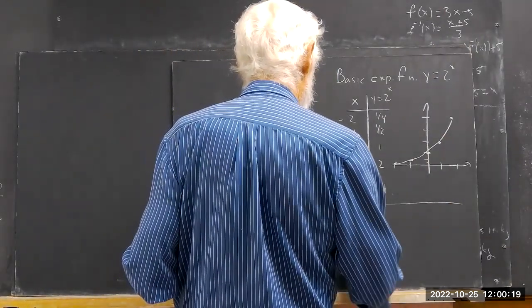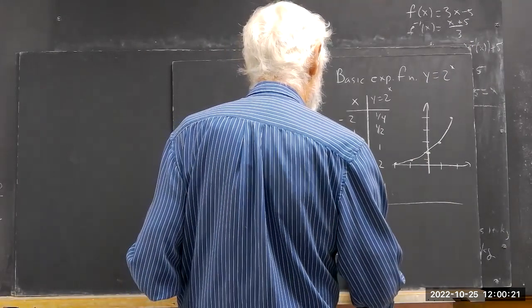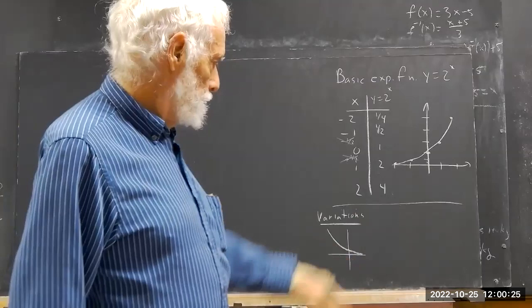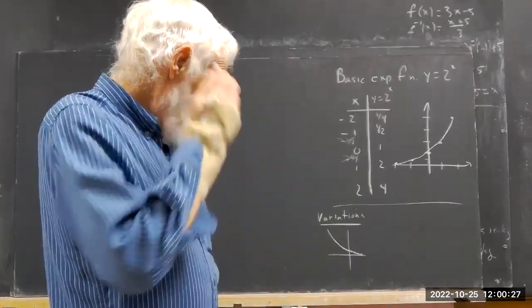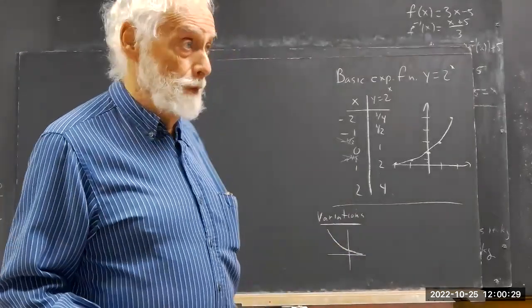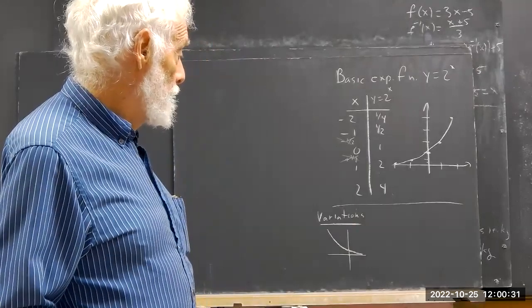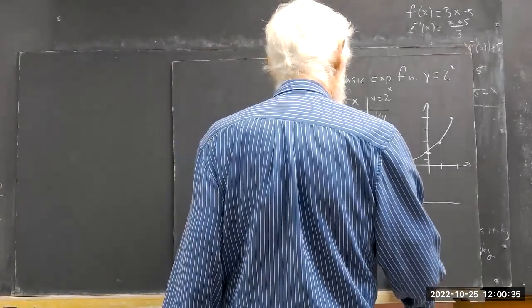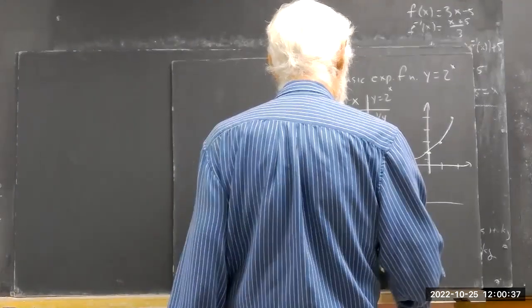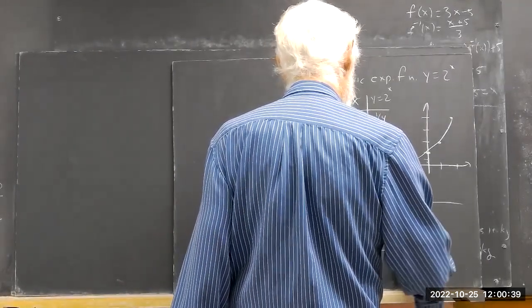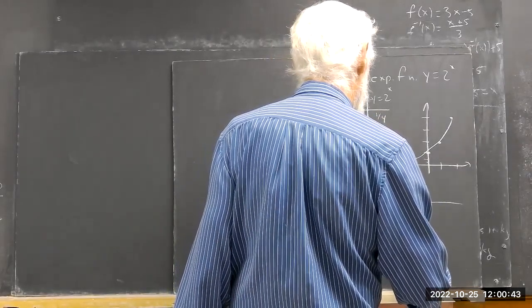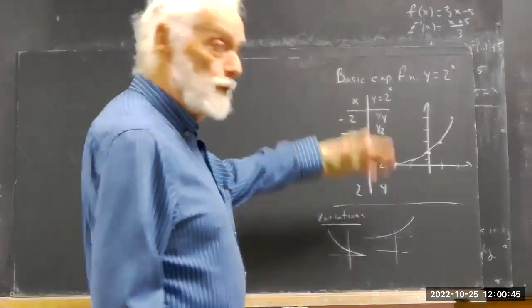Okay, variations of the exponential function. It could have a graph that looks like this, reflected through the y-axis. Okay. You could have a graph that looks like this with an asymptote. Oh, however, that's just a vertical stretch, right?